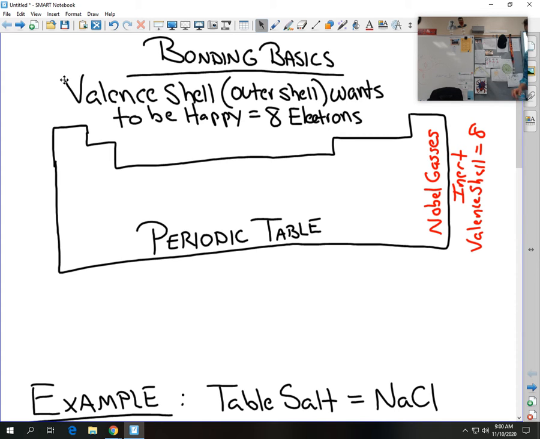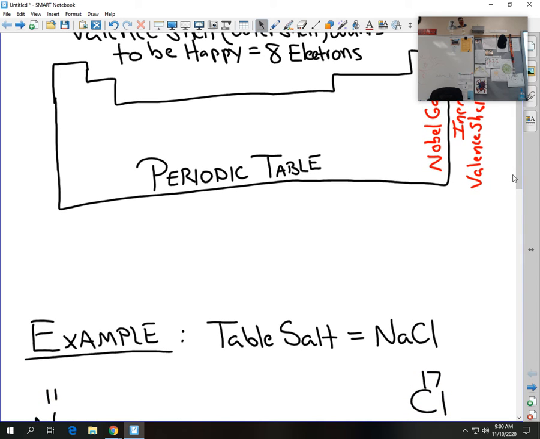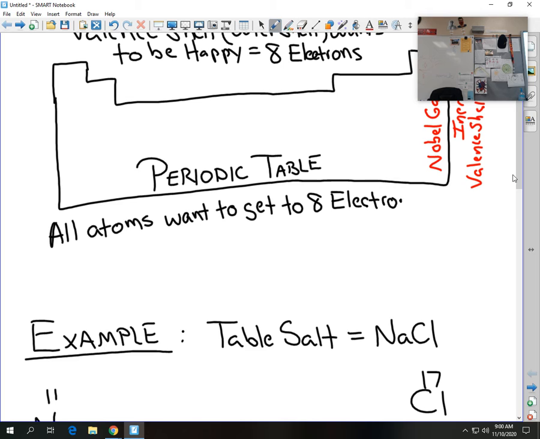Obviously, with the exception of helium, which only has 2 in the valence shell, but the rest of them have 8 in the valence shell. So all the other atoms, they want to be just like the noble gases, all right? So all atoms want to get to 8 electrons in the outer shell.